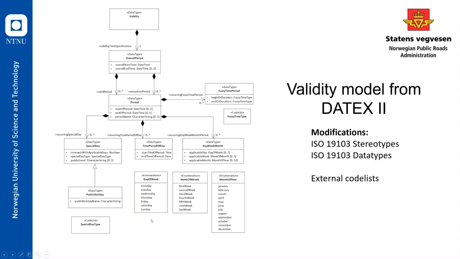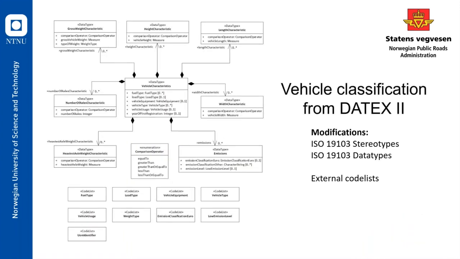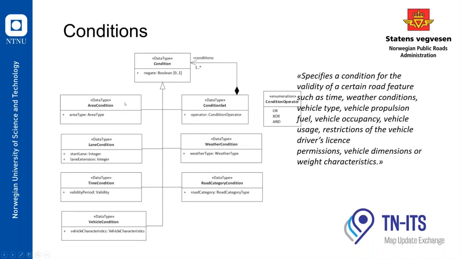And if we go back to the vehicle model here, what we did was exactly the same as we did for the validity model. We imported the model from the DATEX II standard and modified it slightly to fit ISO TC211 principles, and we created external code lists for the values in this model.